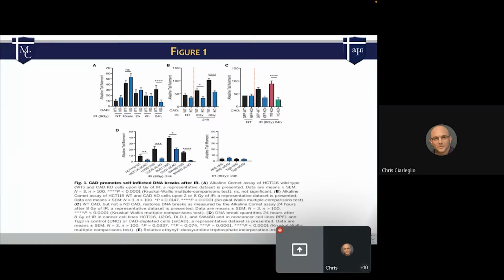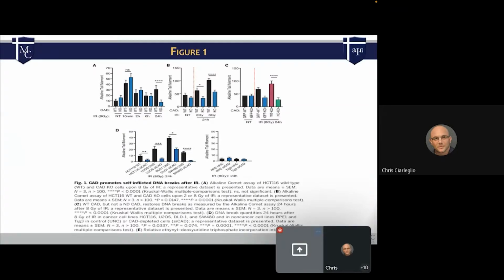But let's tackle figure A real quick. Figure A is basically showing a wild type cell, I'm not sure where the cell comes from, but I'm pretty sure it's cancerous. Yeah, it's a cancerous cell. And it shows the cell with CAD and without CAD.